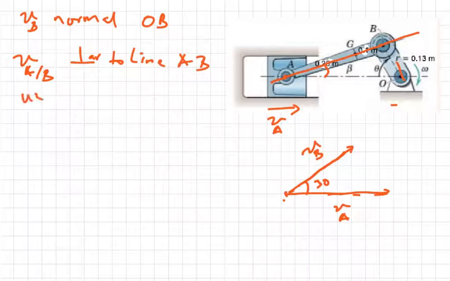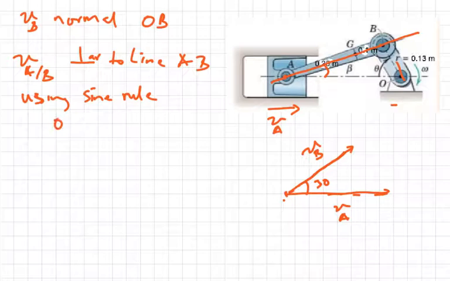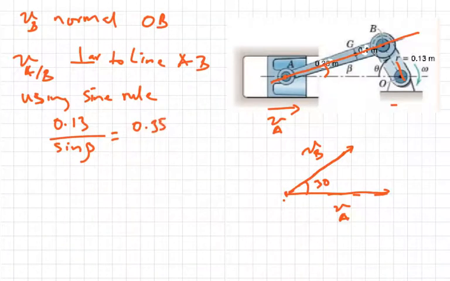So using the sine rule, we can then have 0.13 over sine beta is equal to 0.35 over sine 60.